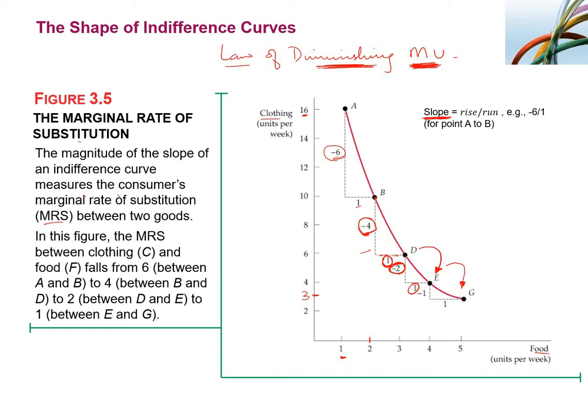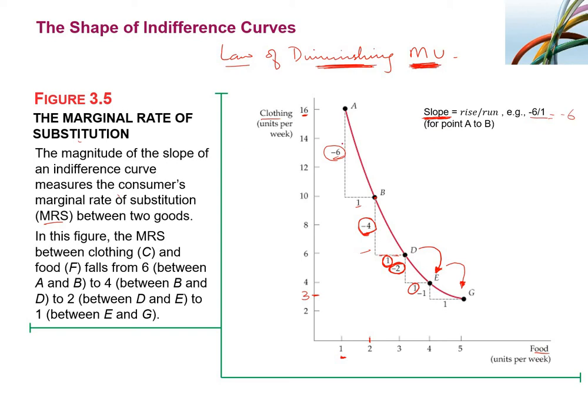That is the rate at which the consumer is sacrificing or substituting one good with the other. So if he had to take one more good of food, he was substituting 6 units of clothes for one more unit of food, and the rate of substituting this was -6 over 1, which is again -6.